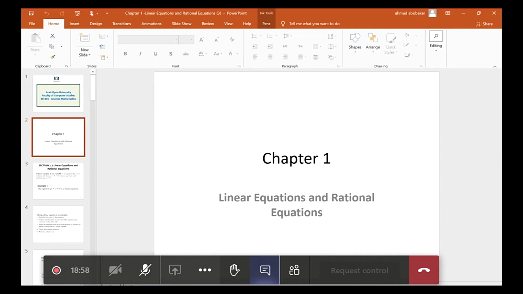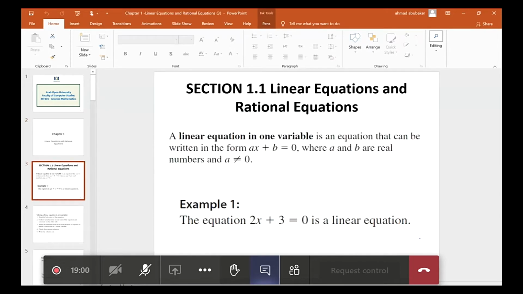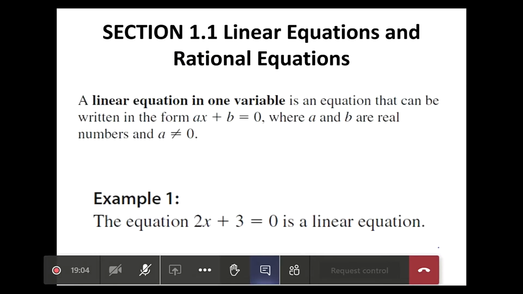Okay, look at this. Linear equation. A linear equation is denoted by ax plus b equal 0. In a linear equation we have x to the power 1.